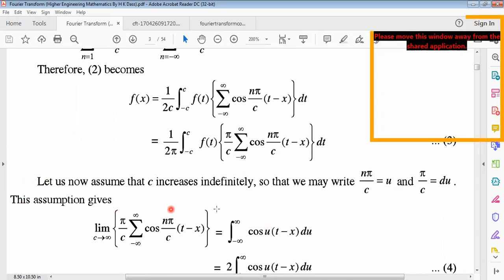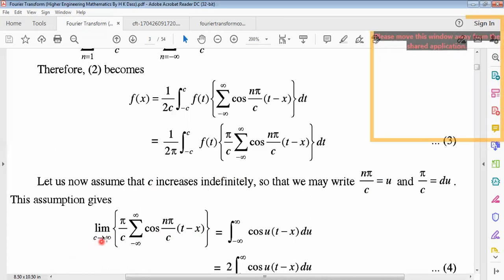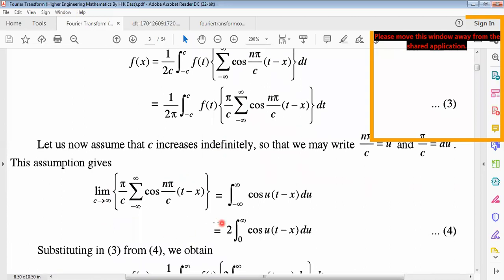After using this assumption, limit c tends to infinity, this series pi by c summation from minus infinity to plus infinity of cos n pi by c (t minus x), because c increases indefinitely means c is very large, that means c tends to infinity. Remember it.